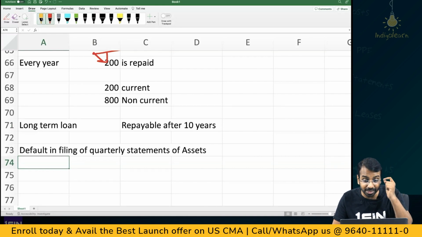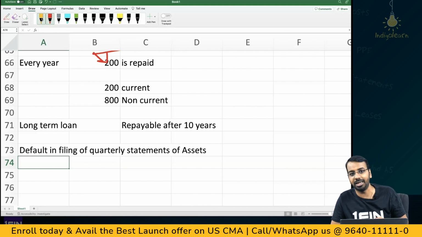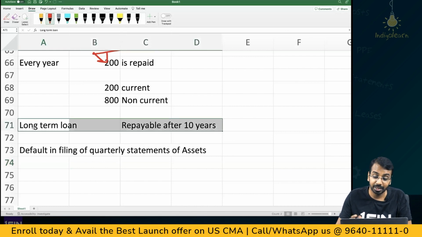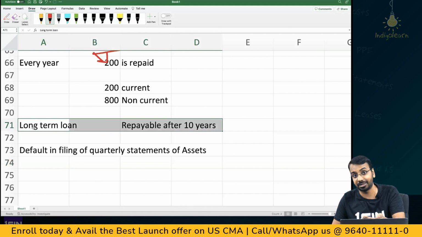So if there is any violation, or fraud, or whatever reason, the loan becomes payable immediately. Though it is a long-term loan, initially a 10-year loan, and now we have defaulted, can the bank demand the money? Yes. So then it becomes a current liability.